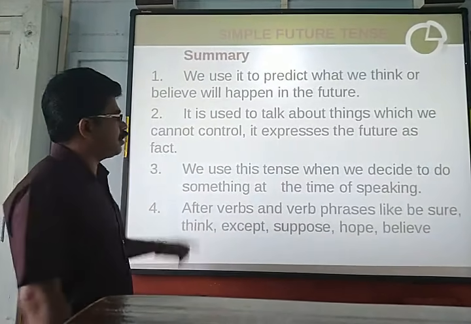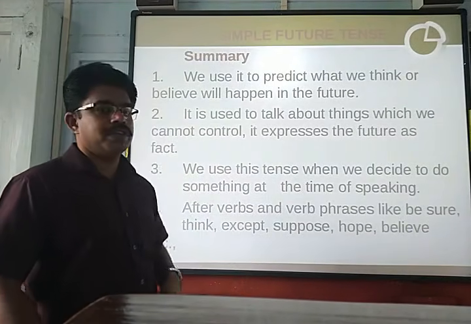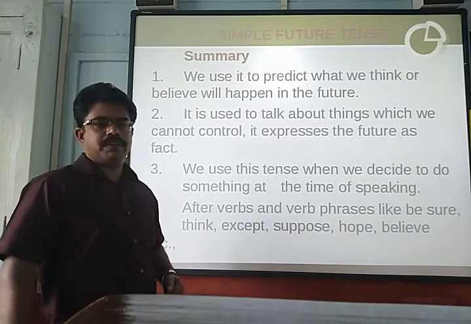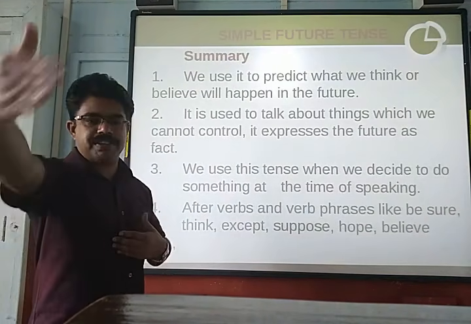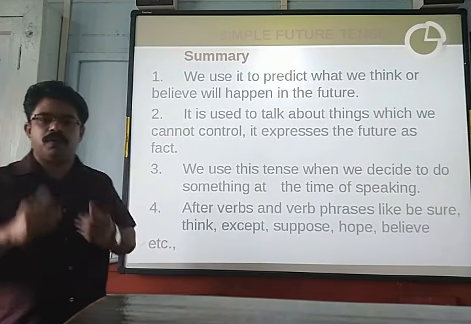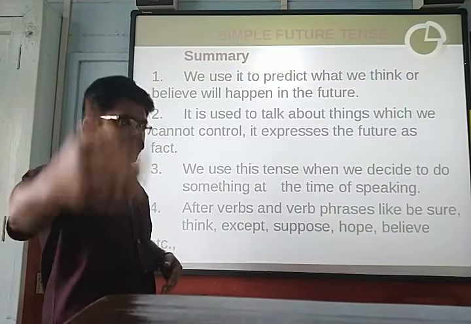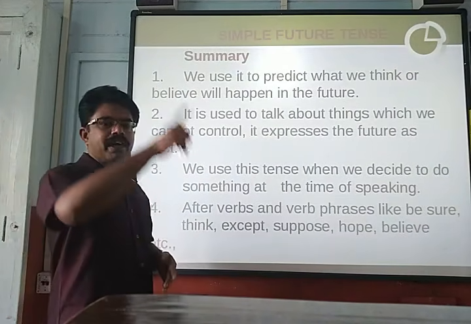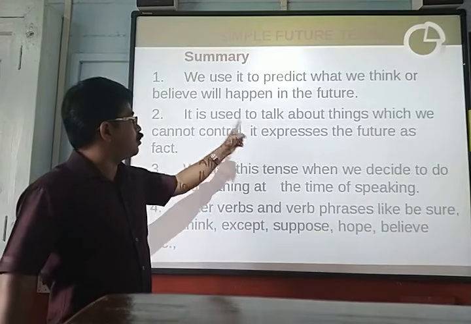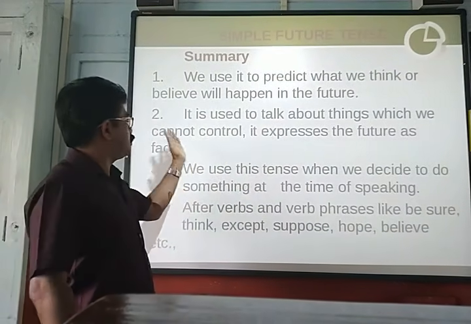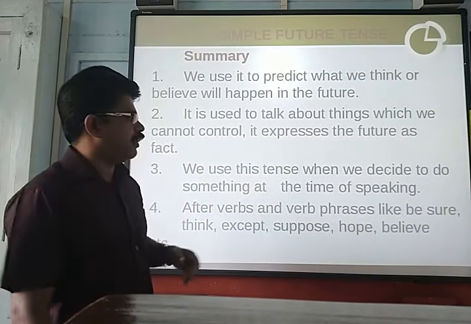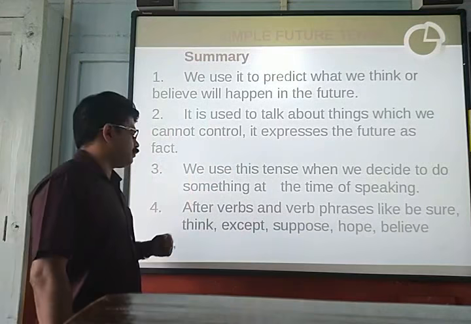It is used to talk about things which we cannot control, like the seasons of the year. Things which are not in our control, that will go on, that rotation is there, that we cannot do anything. It is used to talk about things which we cannot control, which are part of a process. We use simple future.